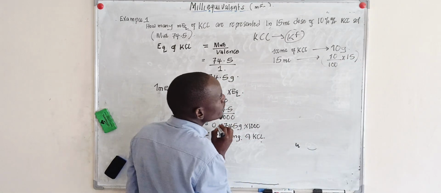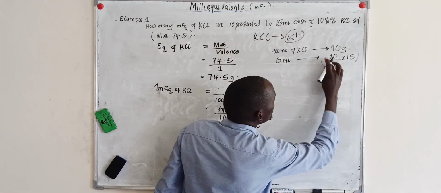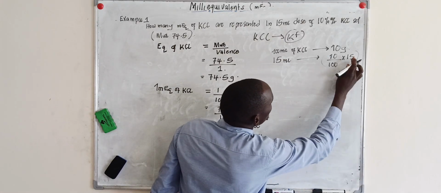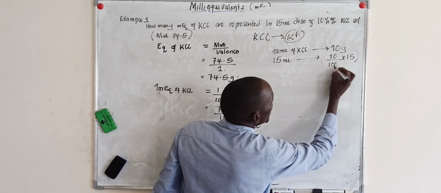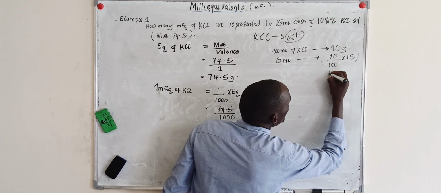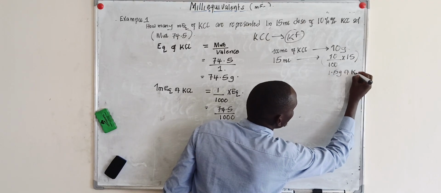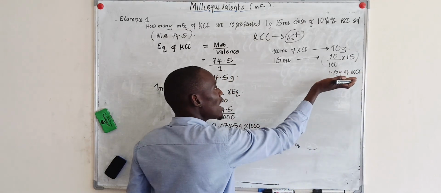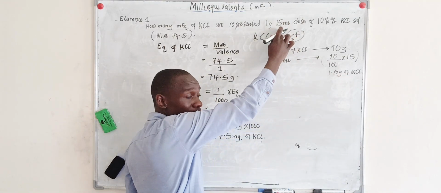When we compute this, we are going to get 1.5 grams of potassium chloride. So we have 1.5 grams of potassium chloride in the 15 ml dose.